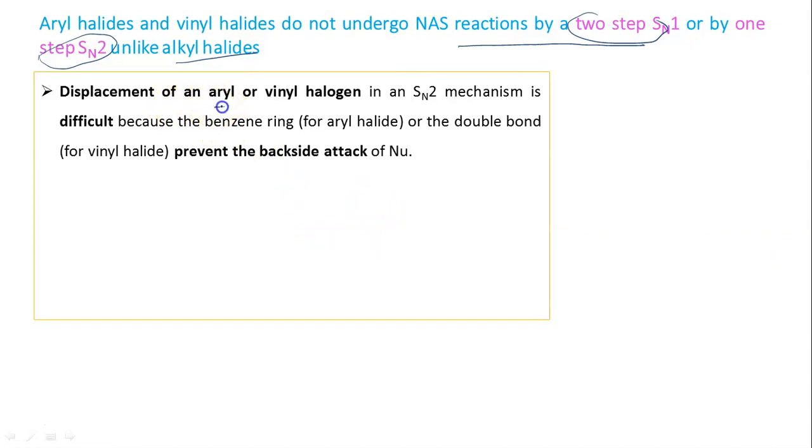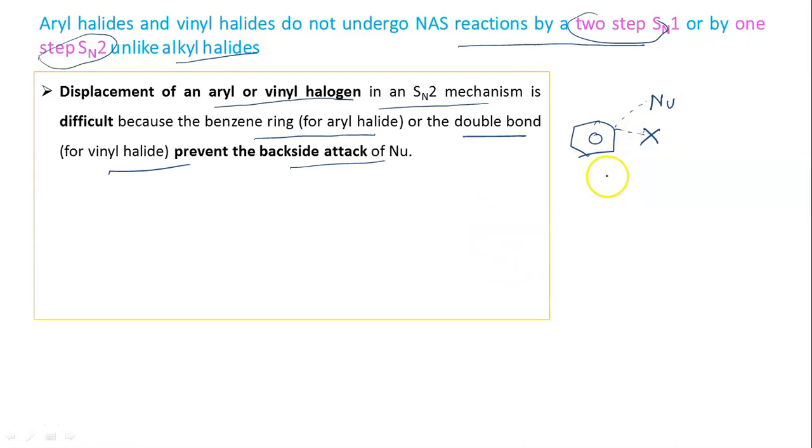Displacement of an aryl or vinyl halogen in an SN2 mechanism is very difficult because the benzene ring for aryl halide, or the double bond for vinyl halide, will prevent the backside attack of the nucleophile. Remember, backside attack is what we have seen in SN2 for aliphatic halides. Now if you ask why front attack is not possible: suppose this is your nucleophile and this is the leaving group in case of aromatic, and if it is vinyl, then CH2 double bond CH.